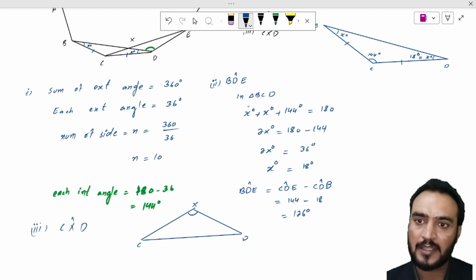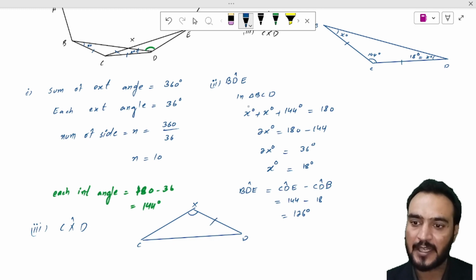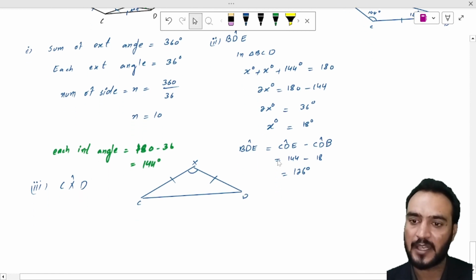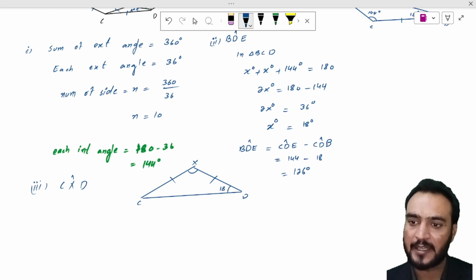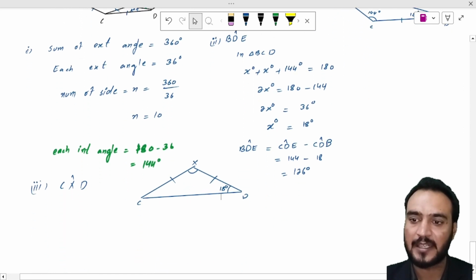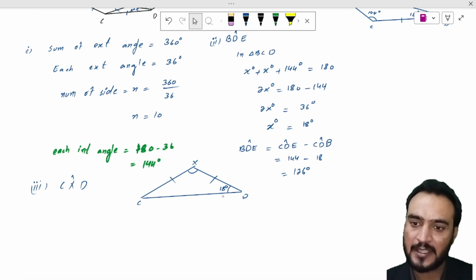If these two lines CX and DX are equal in length, then we know the angle at point D, which is the angle BDC, is equal to x degrees, which is 18 degrees. Then the angle at point C is also 18 degrees in triangle CXD.